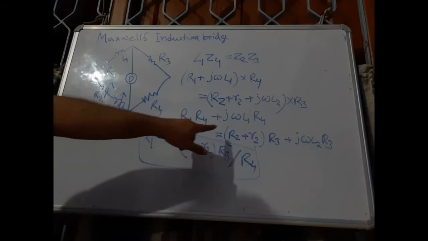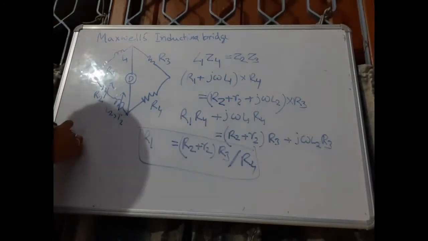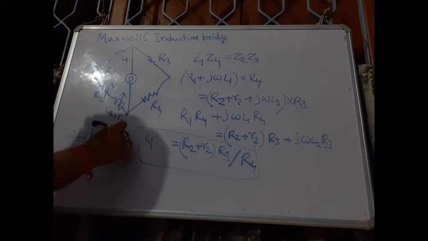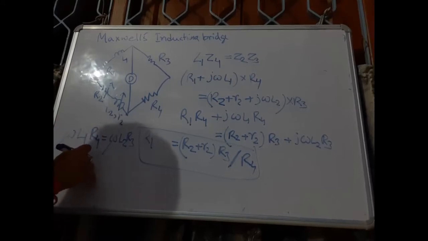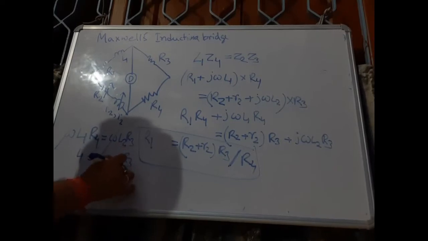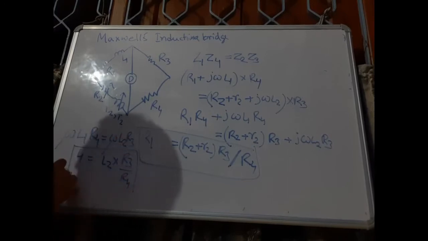If I equate the imaginary part, we have omega L1 R4 equals omega L2 R3. Now if I cancel out the omega, we have L1 equals L2 into R3 by R4. So this is equation number 2.